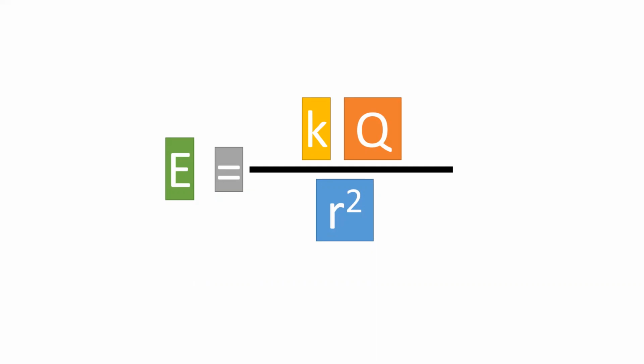It is important to note that even if there is no test charge around the source, the electric field still exists around the source charge. Once another charged object happens to pass by this electric field produced by the source charge, this test charge will feel an electric force as it interacts with the source charge via the electric field.